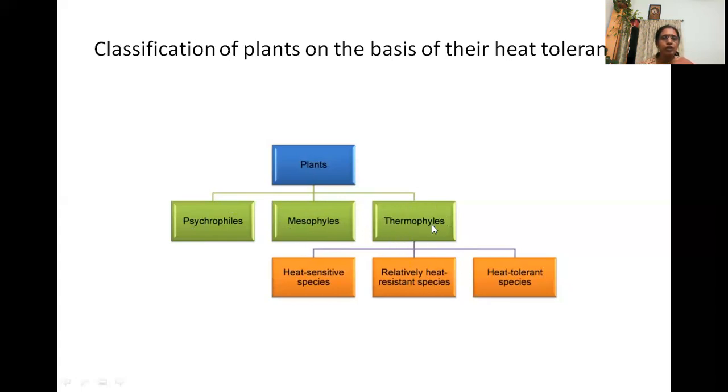These are the very important ones, because in many crop varieties thermophiles have been produced by crop improvement methods and hybridization methods, so that they can be grown in high temperature areas. So this consists of three types: heat sensitive species, relatively heat sensitive or relatively heat resistant species, and then heat tolerant species.